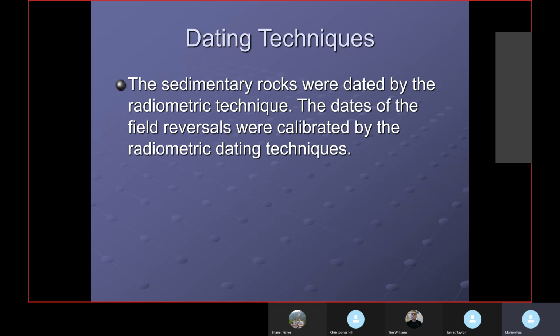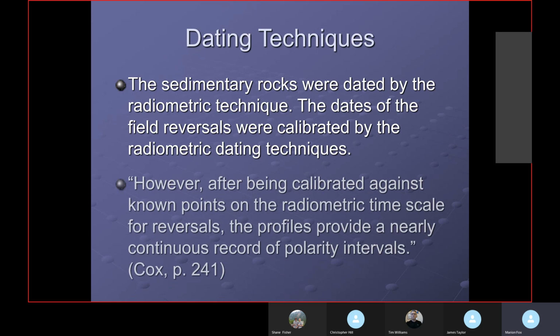Sedimentary rocks were dated by the radiometric technique. The dates of the field reversals were calibrated by the radiometric dating techniques. So they calibrated these field reversals by radiometric dating techniques. By radiometric, we're talking about the decay of radioactive isotopes, and of course, that's their basic dating.